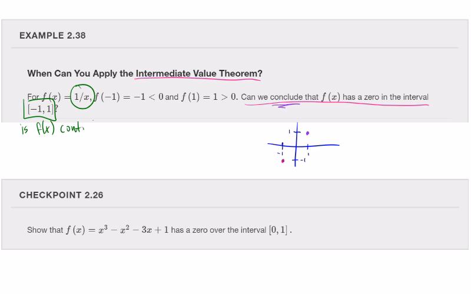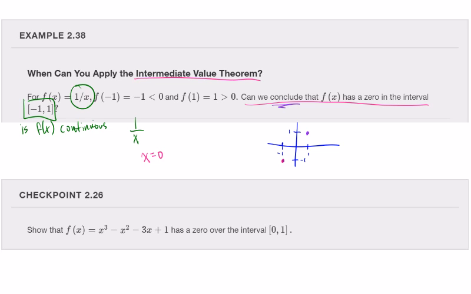This is where it's important to understand where discontinuities happen. 1 over x has some limitations. If I have a variable in the denominator, then we have the potential of having a 0 in the denominator. So when would this denominator be 0? Well, it would be 0 when x equals 0.